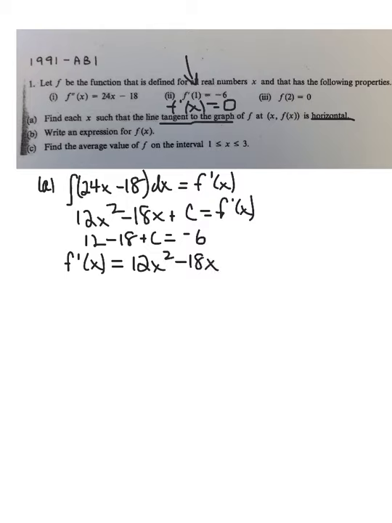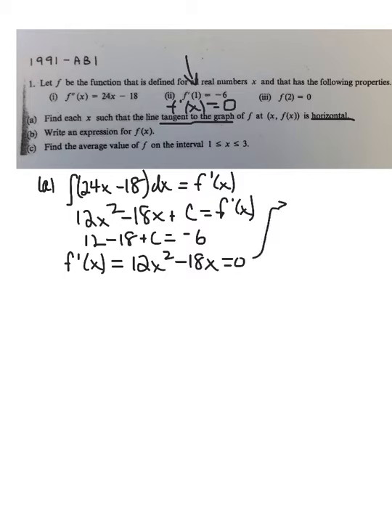Now the question is asking for where that derivative is equal to 0. And we got this 0 again because a horizontal line has a 0 slope. Slope is derivative. So we're going to take this and set it equal to 0 and solve for x.